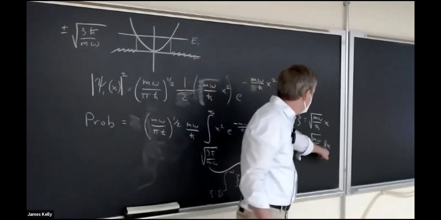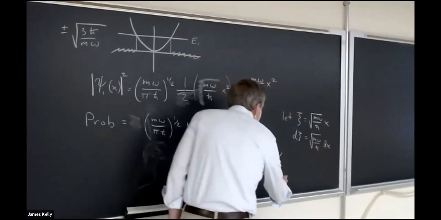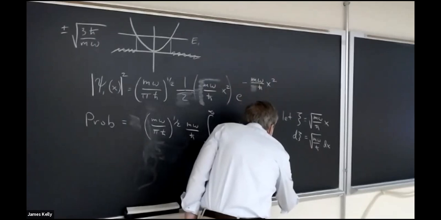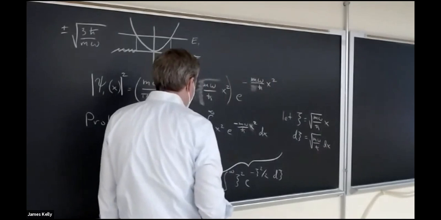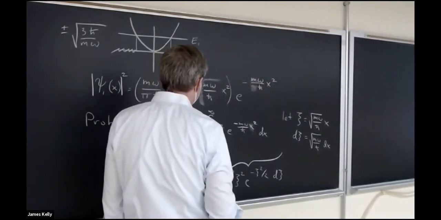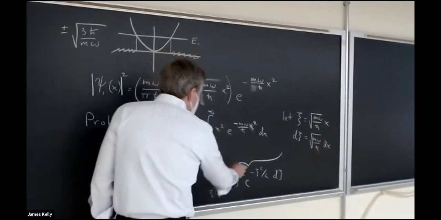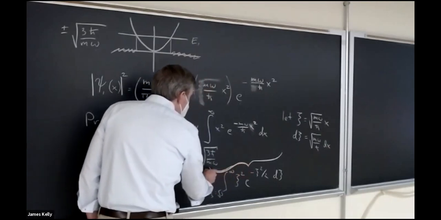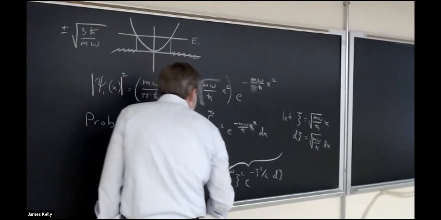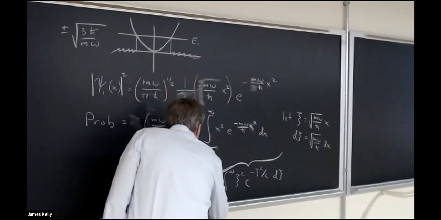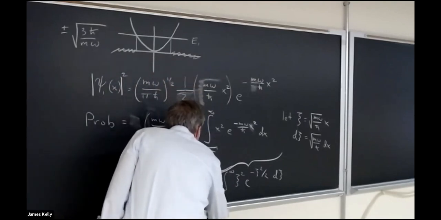And now the dx can be exchanged for a dxi as long as we put a square root of h bar over m omega out in front. So I've already included this stuff that's sitting out in front, and I'm going to put a square root of h bar over m omega.